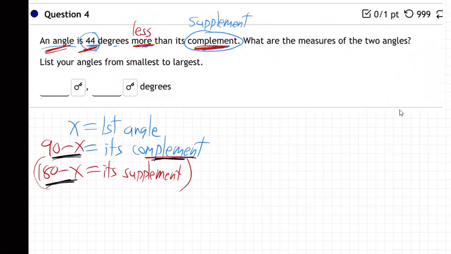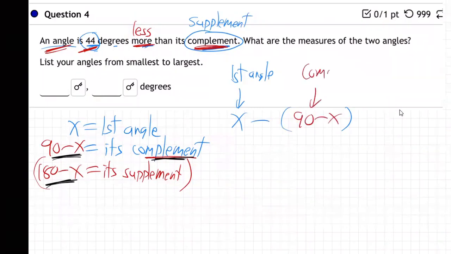So that means if I take the angle x, the first angle, minus the 90 minus x, which is the complement, or if you have the supplement, the 180 minus x, that's got to equal the 44, right?